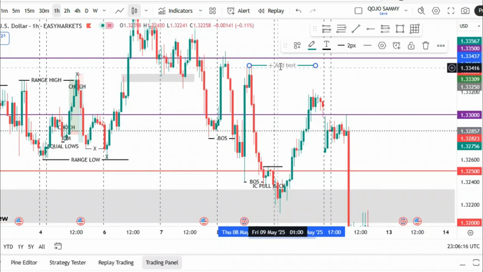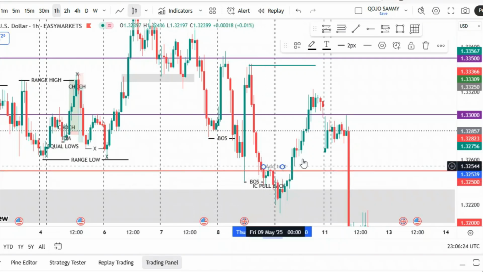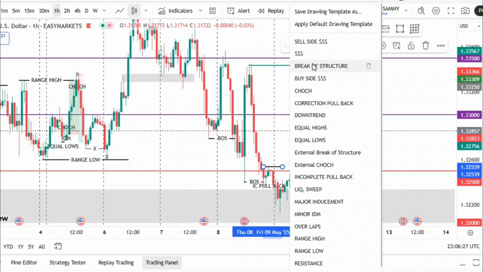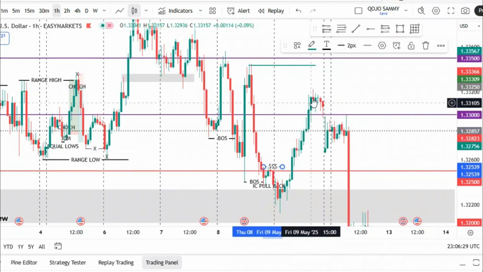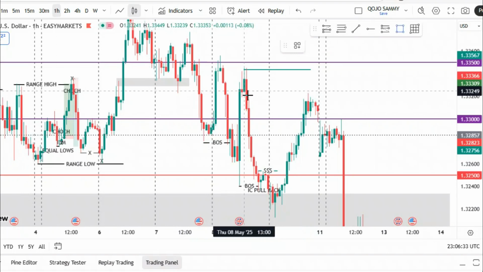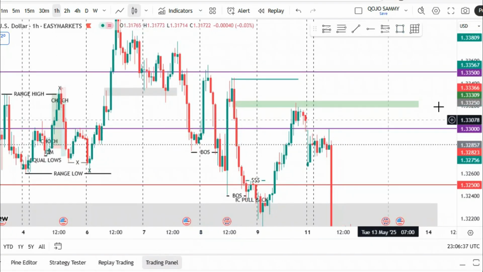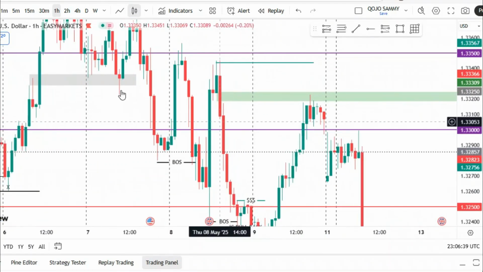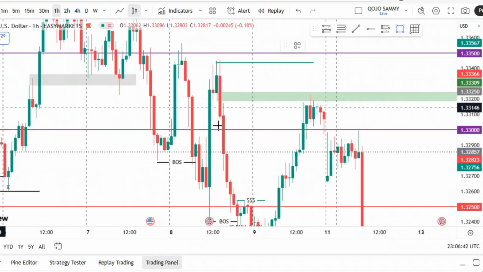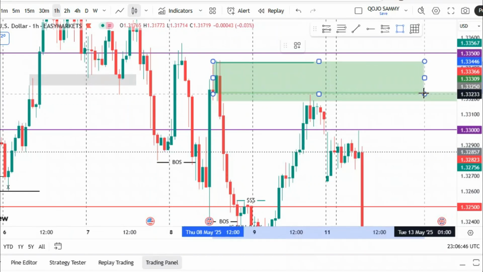So this one would have been my inducement, but because price created another form of supply at this range, which was an incomplete pullback, this rather becomes my liquidity for price to take this one out and then tap into this fair value gap. And then the last buy candle before the sell movement or displacement is this green candle.